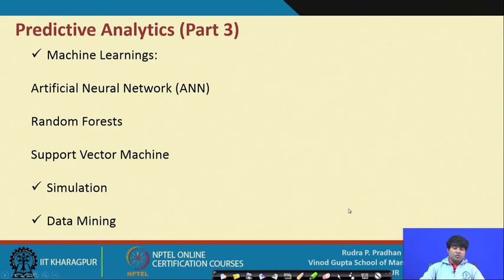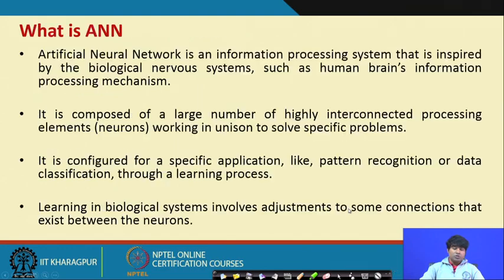But in this lecture we try to cover neural network, and then we will follow up with random forest and support vector machines. These are all interesting machine learning techniques through which we do time series forecasting or similar forecasting as per the business requirement.